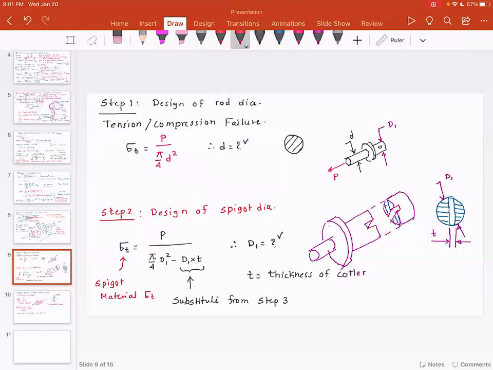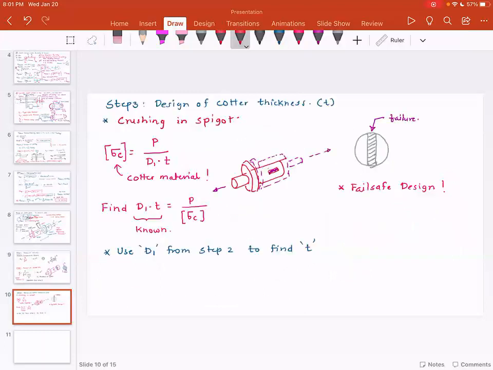So this sigma T comes from the spigot material, and what you do is you go to step 3, wherein you find out the value of the product of d1 times t. Take that product, go to step 2, find out the value of d1, then come to step 3 and substitute the value of d1 and find the value of t.